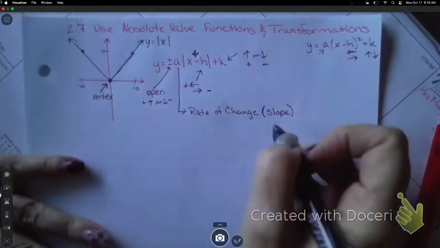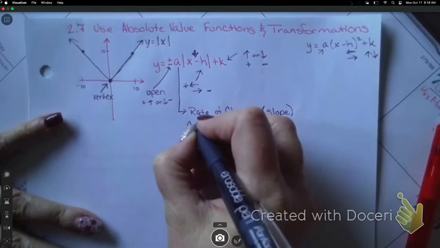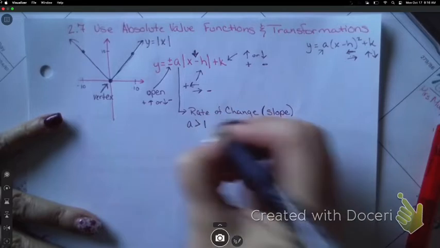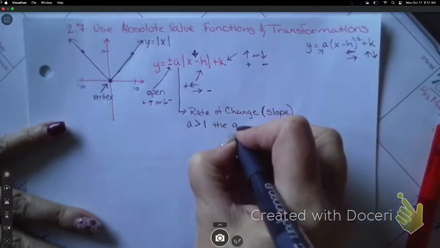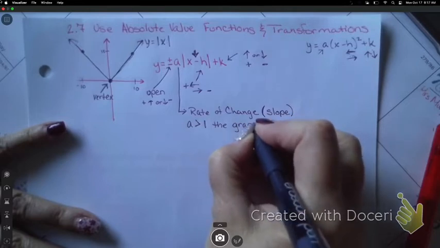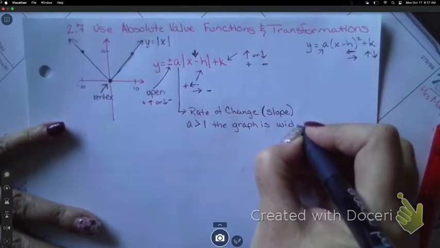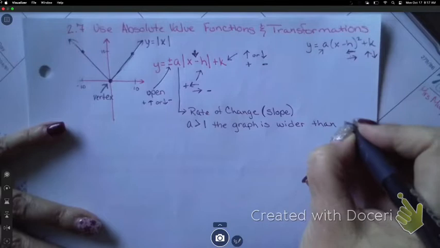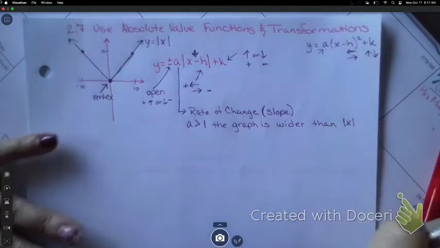So its rate of change, if a is greater than 1, the graph is wider than the absolute value of x, which is the parent function.